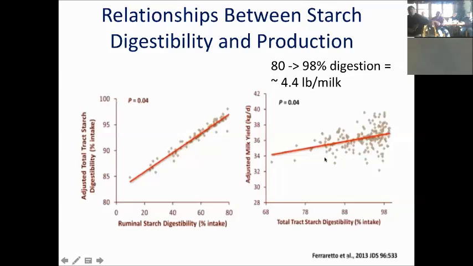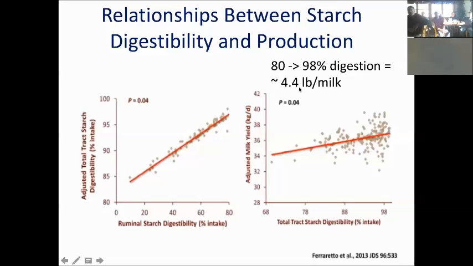But as you can see in this line, if you look at total starch digestibility as a percent of intake in cows, if you go from about 78 to 80% and increase that to about 98%, the difference there, if you take this intersect, which is about 34, and this intersect here, which is about 36, is about 2 kilos of milk, or 4.4 pounds of milk.